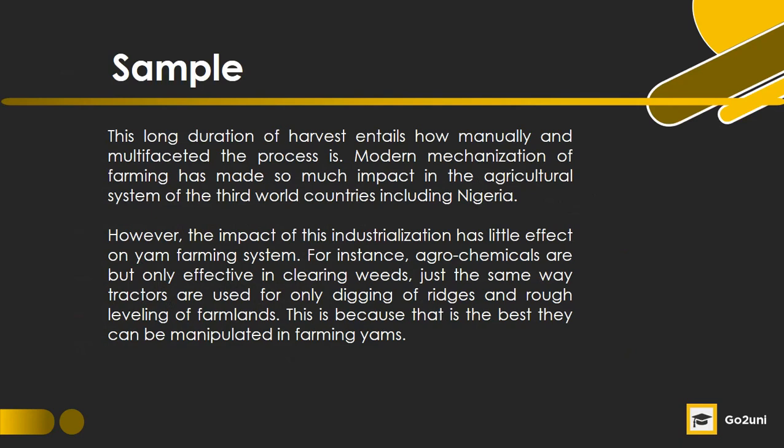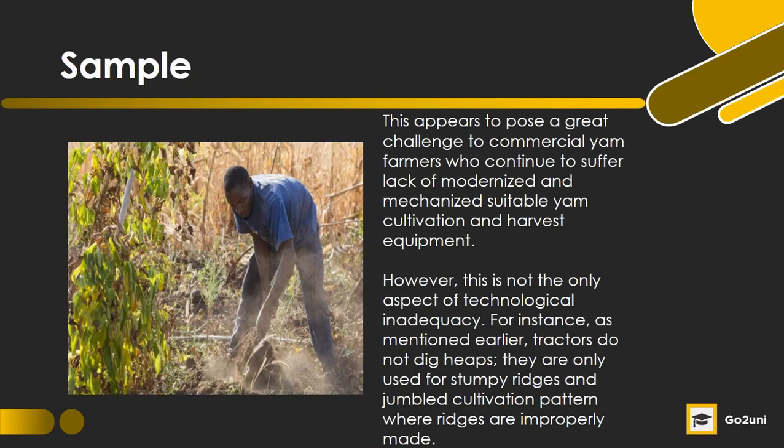This is because that is the best they can be manipulated in farming yams. This appears to pose a great challenge to commercial yam farmers who continue to suffer a lack of modernized and mechanized suitable yam cultivation and harvest equipment.